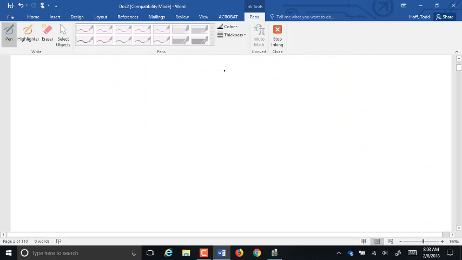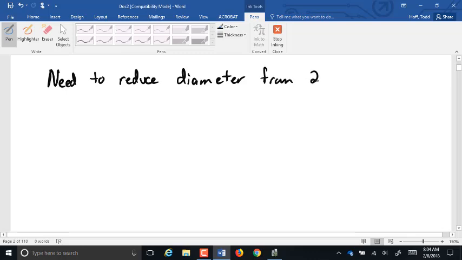So let's say we're turning a piece. We need to reduce the diameter from 2 inches to 1.75 inches.